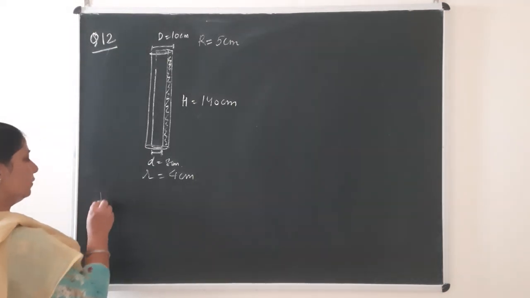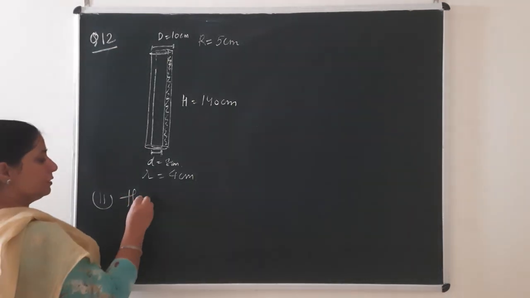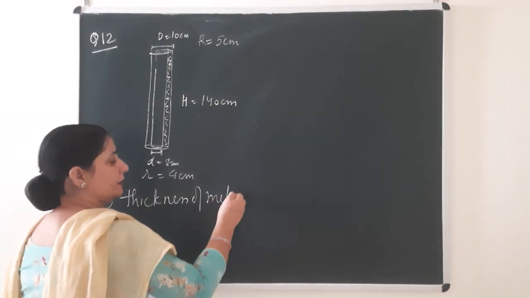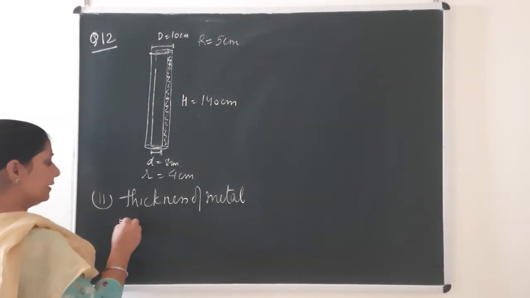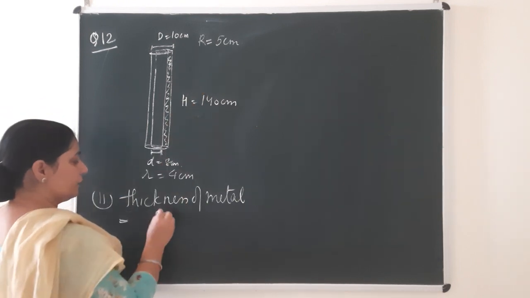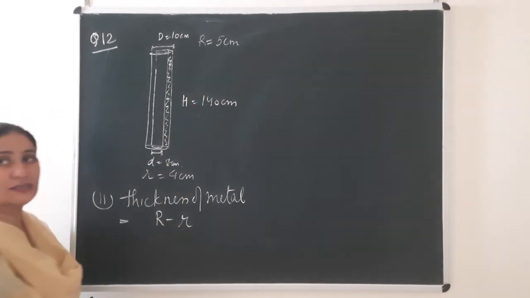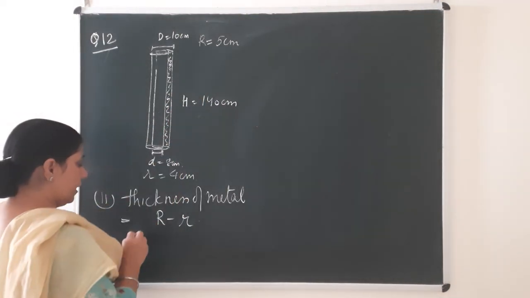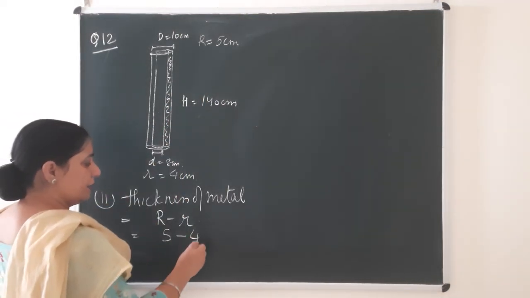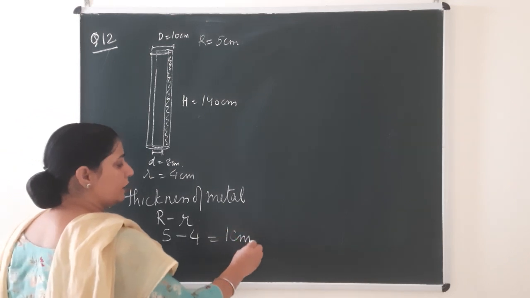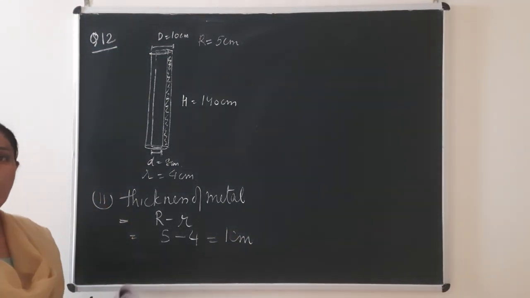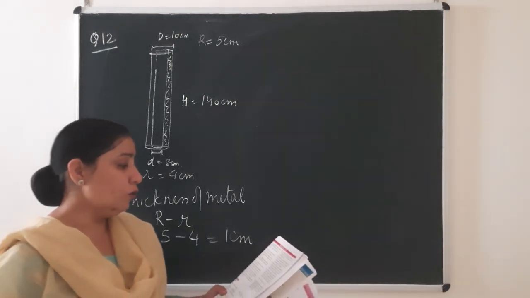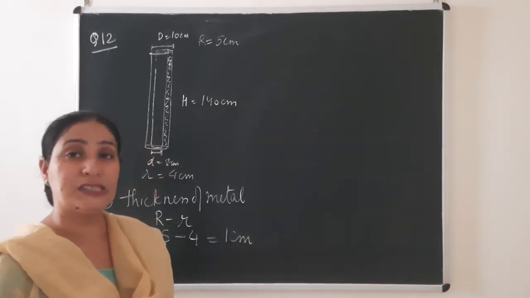What is the thickness of the metal? You just have to subtract the inner radius from the outer radius. The outer radius is 5, the inner radius is 4. So when you subtract the inner radius from the outer radius, you will get the thickness of the pipe, that is equal to 1 centimeter. Now beta, we have to find the volume of the steel.